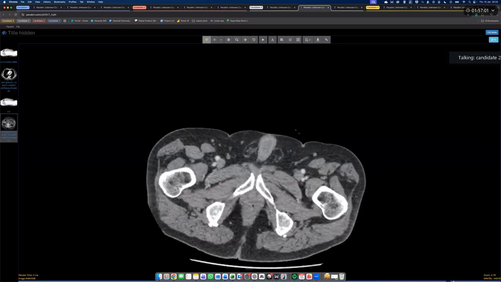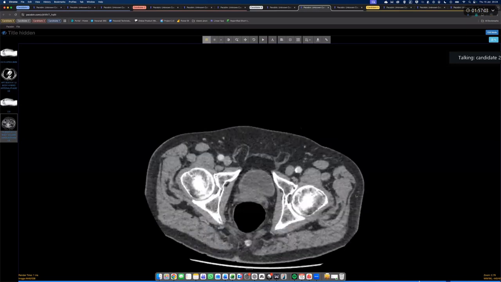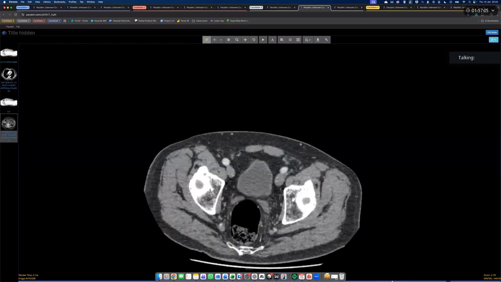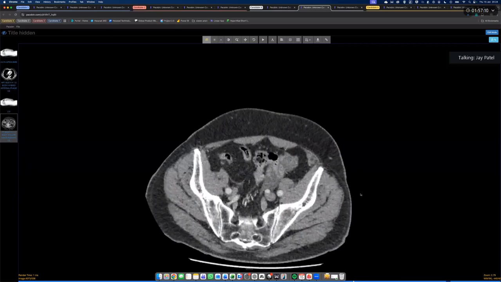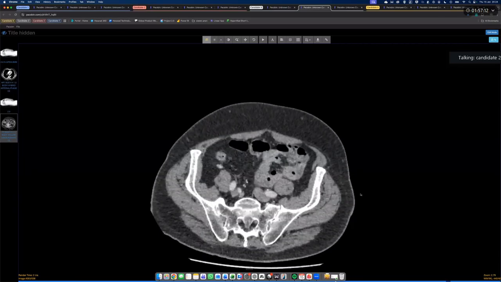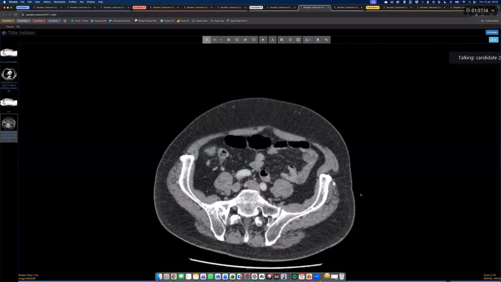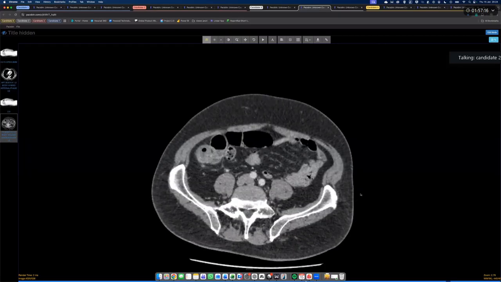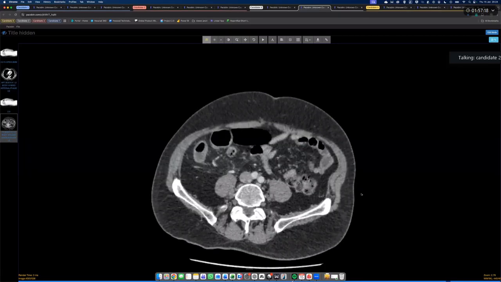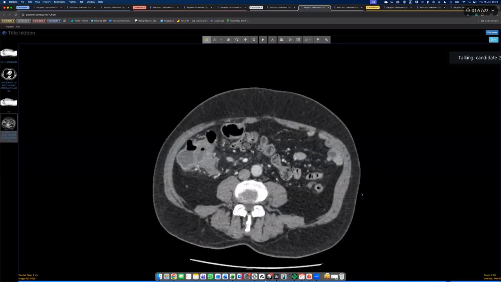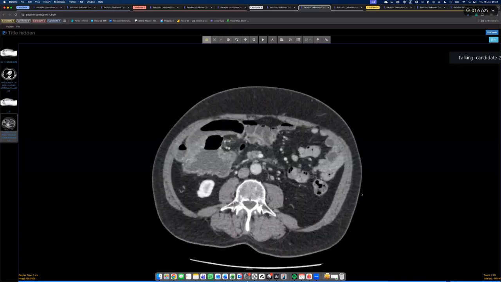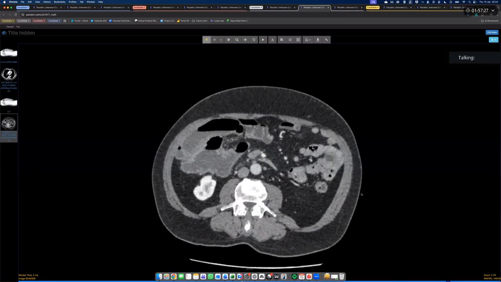So I'll quickly go to the area of interest in the upper abdomen. Meanwhile, I'm looking at the vessels also to rule out any vascular pathology. There is some stranding noted in the right hemiabdomen.